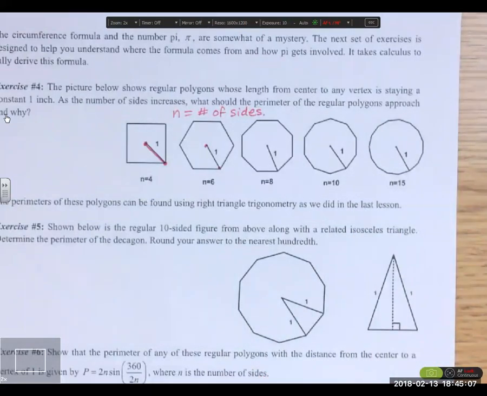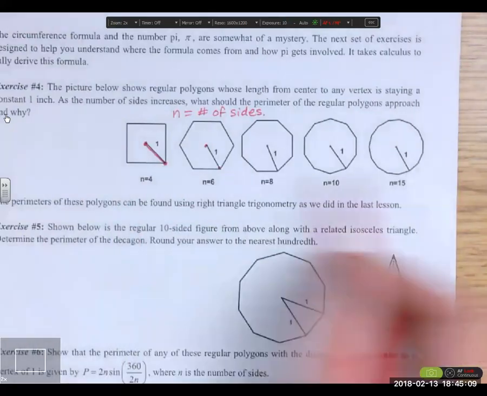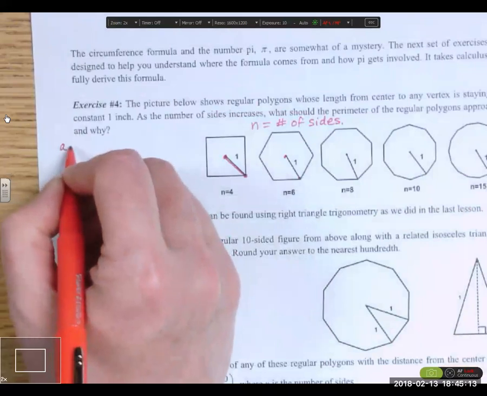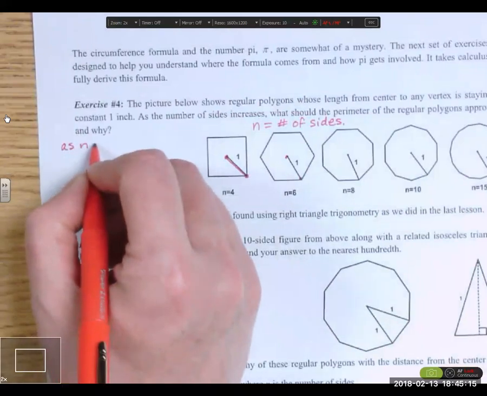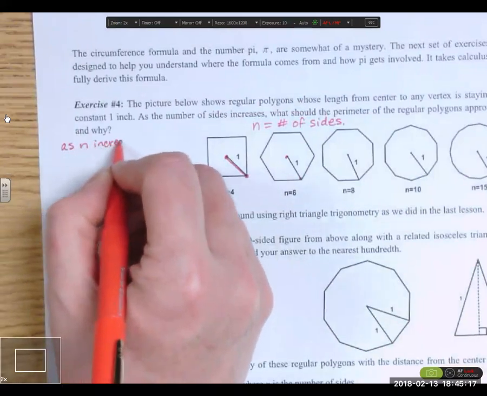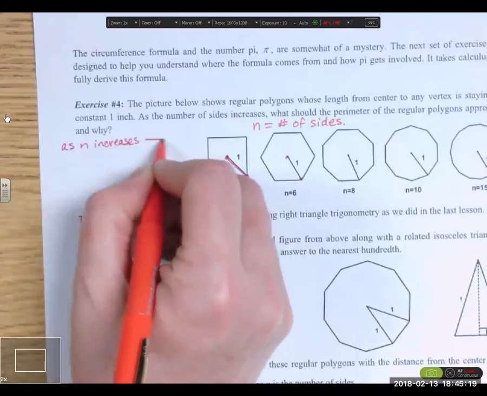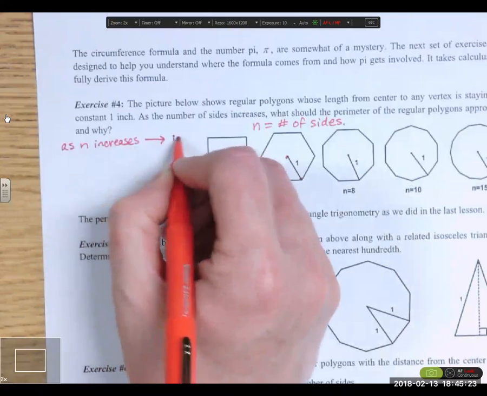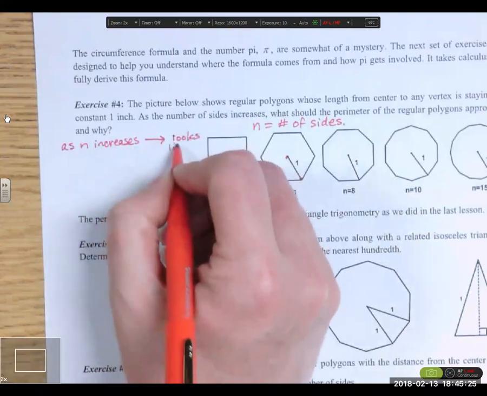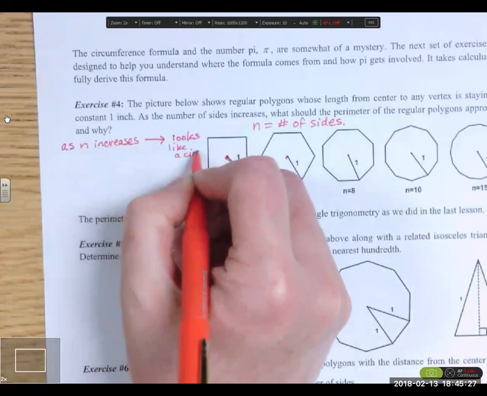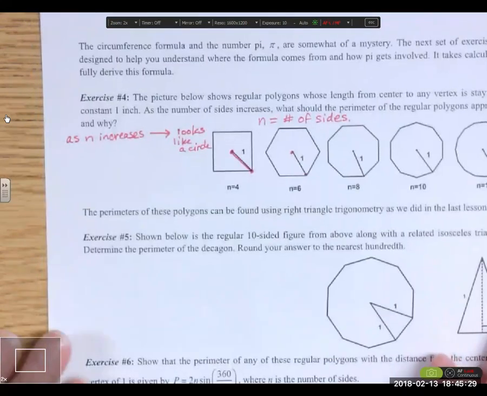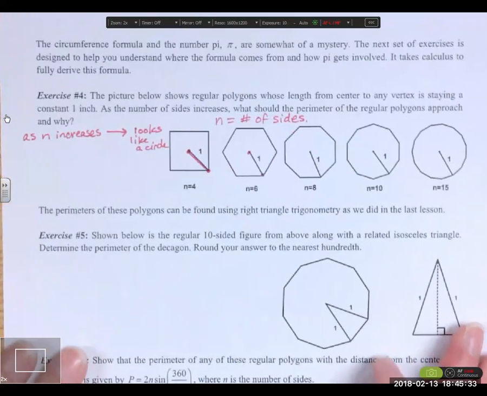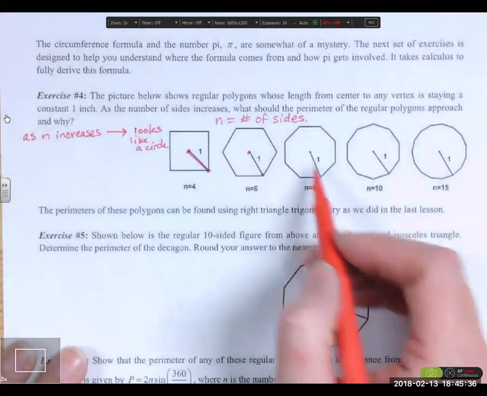So as the number of sides increases, what happens to the shape? Well, let's write this down. As n increases, remember n is the number of sides, then our shape begins to look more like a circle. If that's true, then what should the perimeter of these polygons approach?